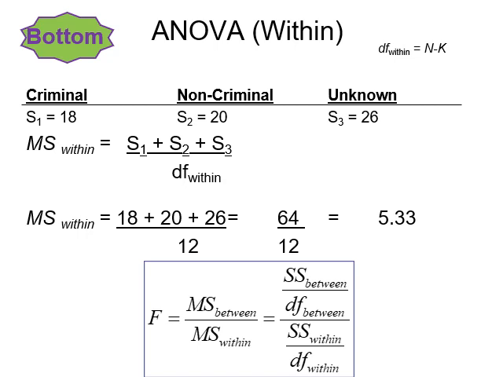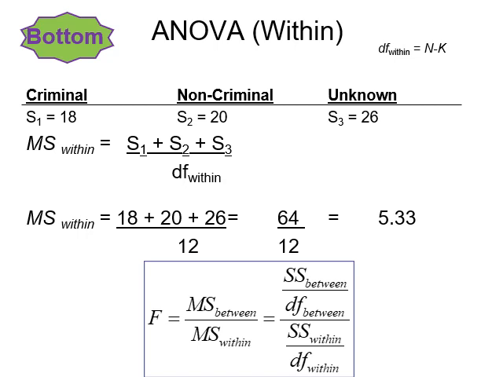So again, the larger this number is, the smaller the bottom of the equation is going to be. In this case, we have 15 participants total, 5 in each group, big N, minus the number of conditions, 3. So 15 minus 3 is 12. The bottom of our equation, calculating mean squares within, is 64 divided by 12.